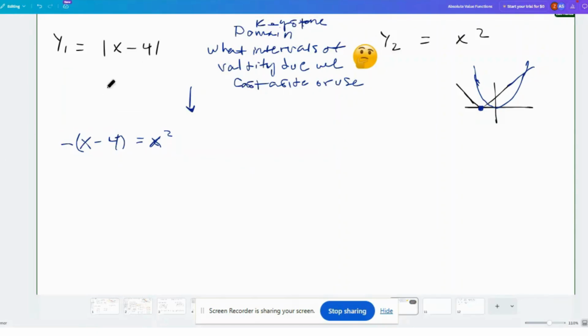Because we know for this side that x has to exist for the left side, for less than 4. I actually have the wrong translation on the graph. You might have noticed that. Yeah, I did. Good. So that actually needs to be over here.